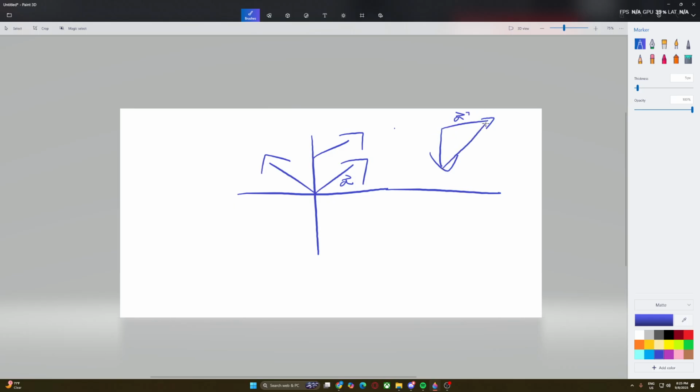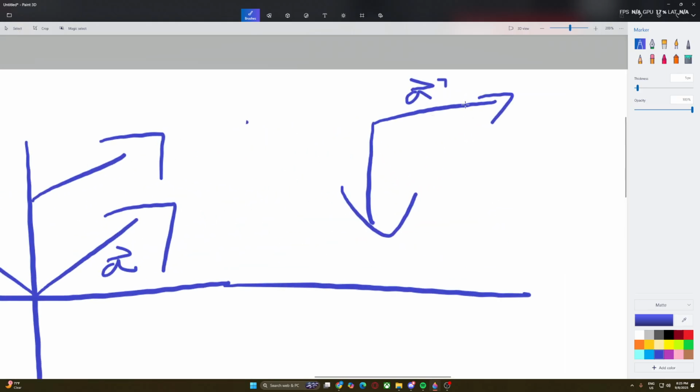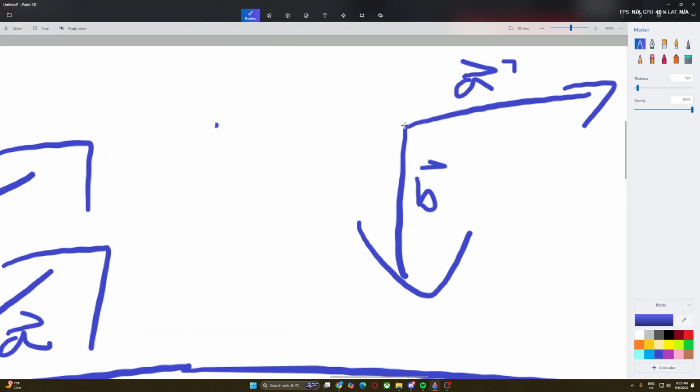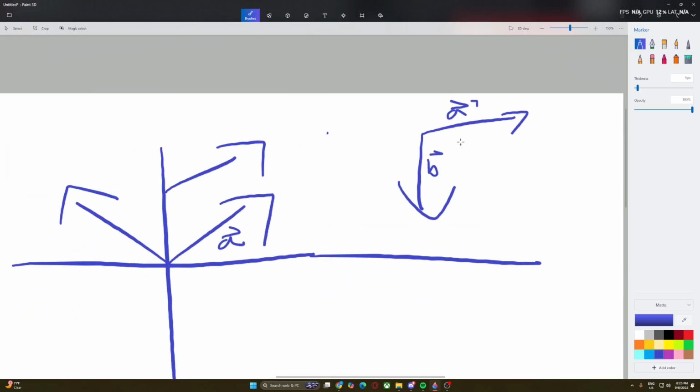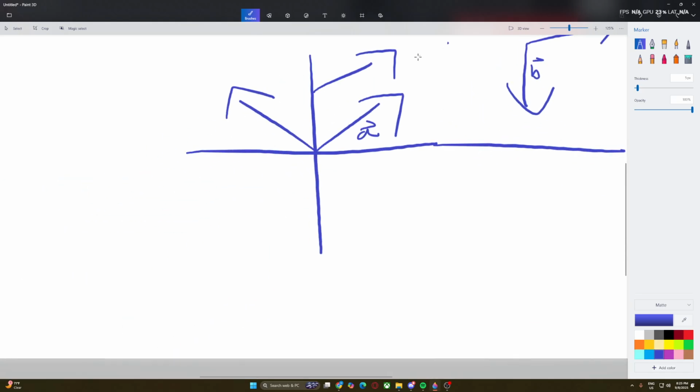If I want to do an operation on these two vectors, let's call it B, I can move this vector to connect initial point to initial point, so I can do accurate or meaningful operations, which I'll show you later.